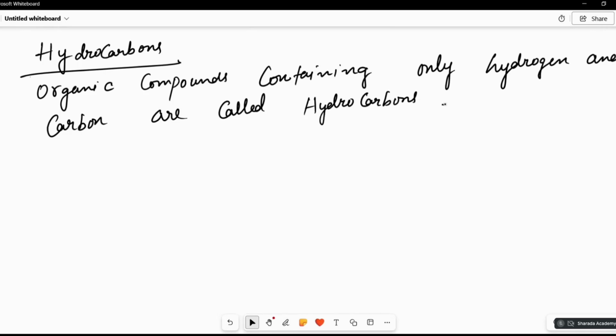So organic compounds, as I told yesterday, whenever they contain carbon combining with other elements, they form compounds, and so they are called organic compounds. In that, if they say hydrocarbons, that means it contains only hydrogen and carbon.